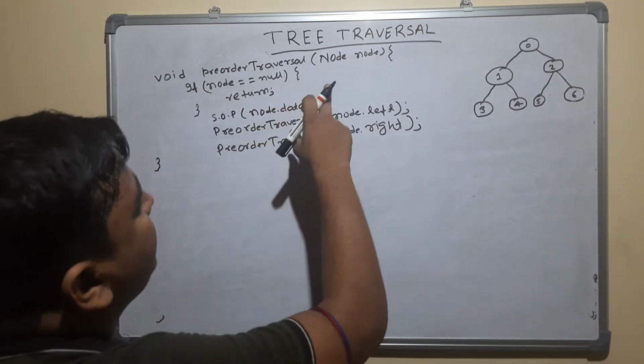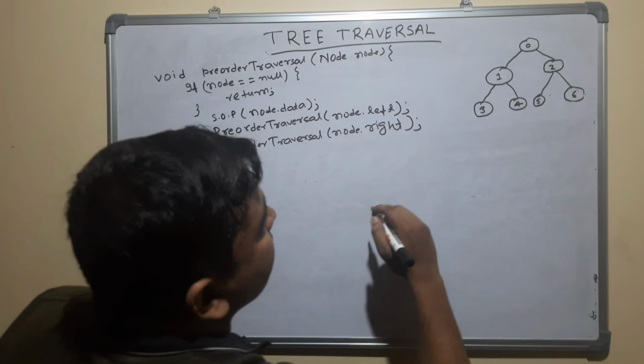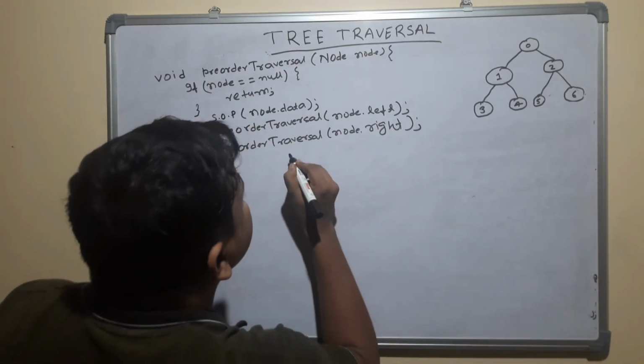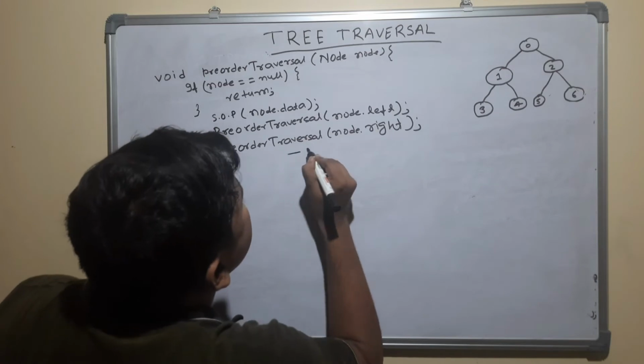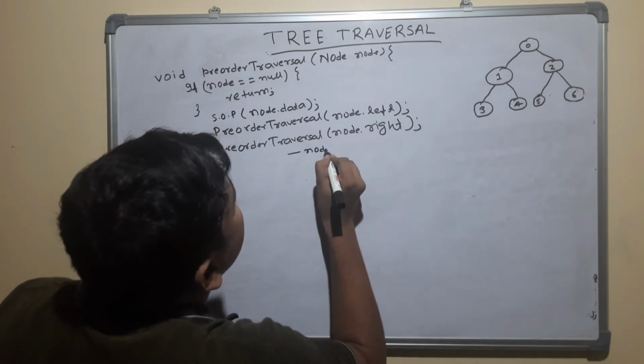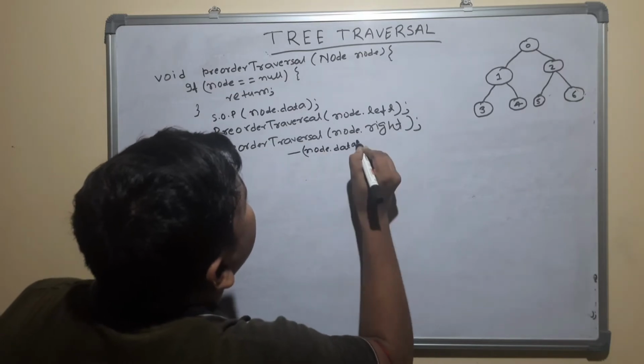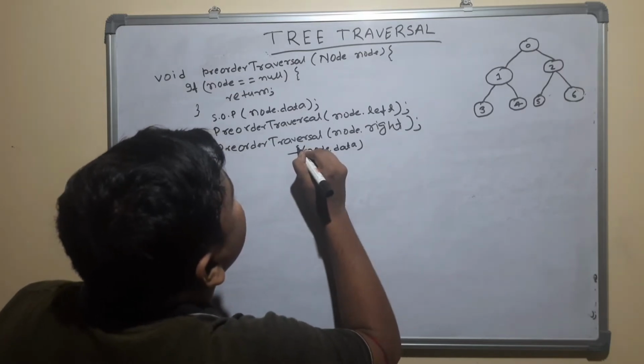So here you can see what is happening. Node dot data is printing, correct.